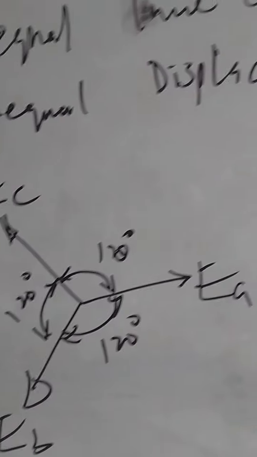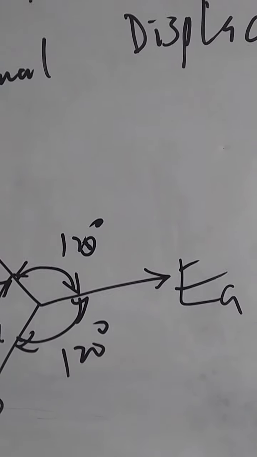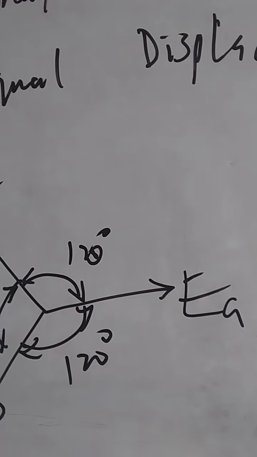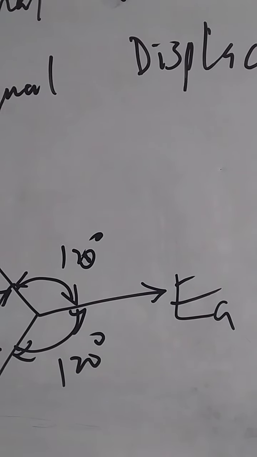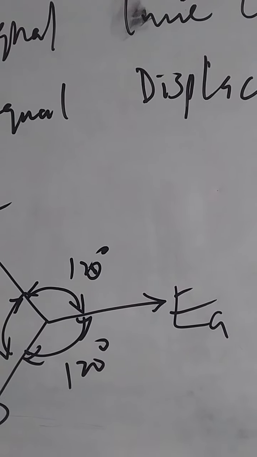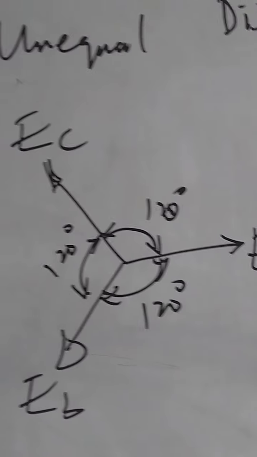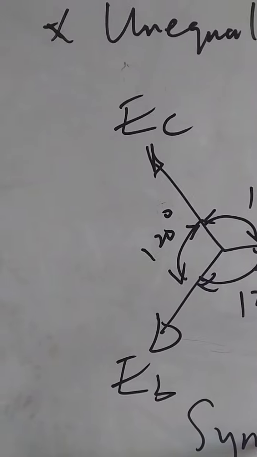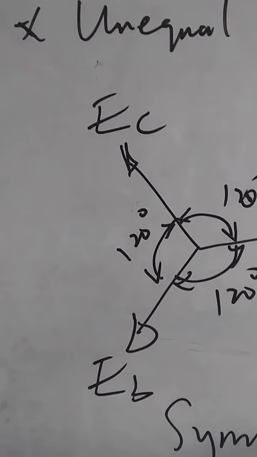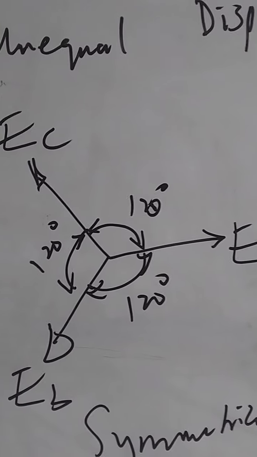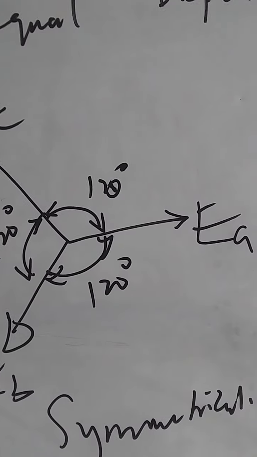You understand? That one will represent a symmetrical balanced system with equal magnitude that are equally spaced. This is balanced, symmetrical. That represents a symmetrical system that has equal magnitude and that are equally spaced.